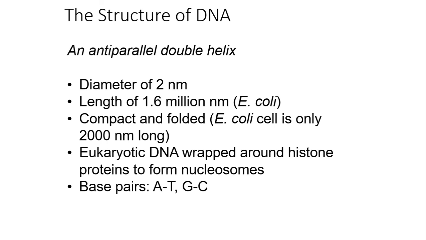So we've got to fold that up and get it compacted into that bacterial cell. That cell is only about 2,000 nanometers long, so the chromosome of that E. coli must be highly folded.